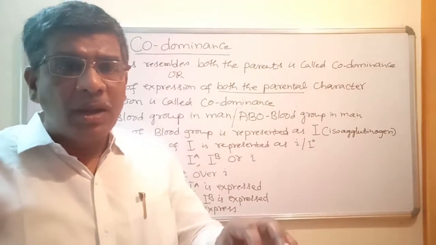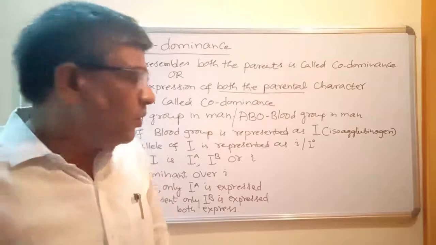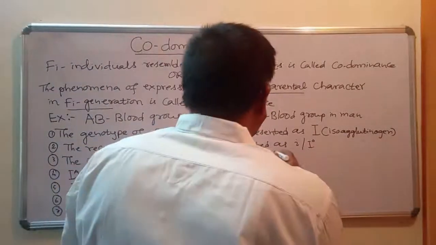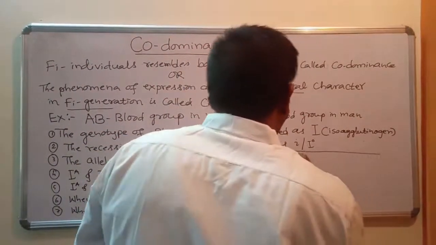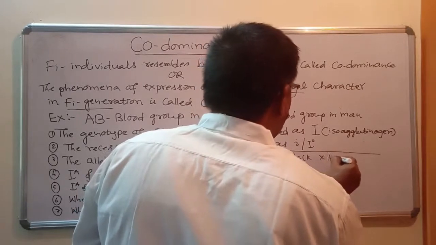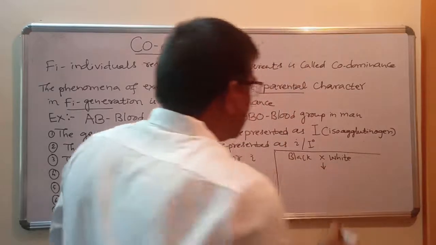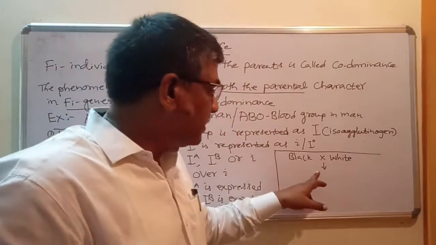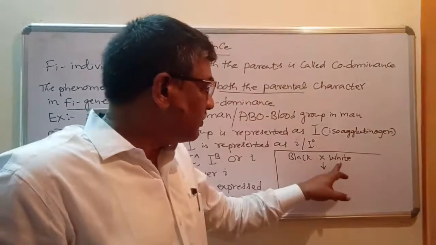For example, I can give you an example. Suppose a black colored bull is crossed with a white colored cow. According to Mendel, in the F1 generation all the individuals should be black, since this color is dominant over this color.